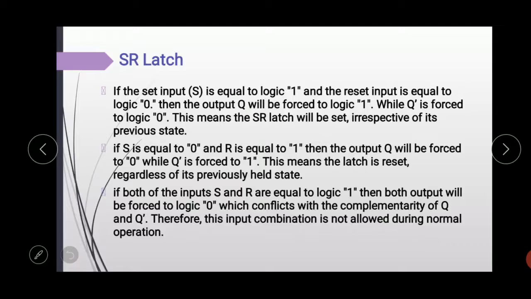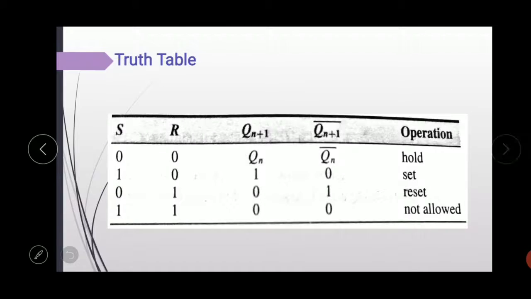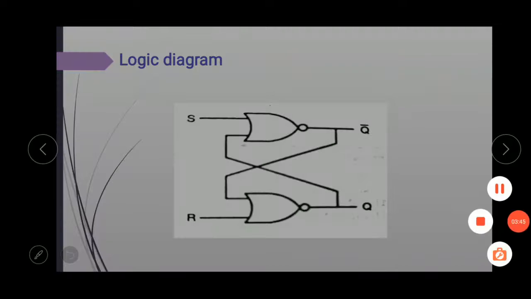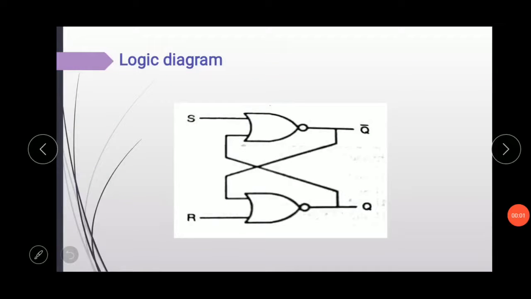Next is the SR latch. Here we discuss the SR latch using NOR gate. Let's go to the diagram. This is the logic diagram. This logic circuit contains two NOR gates and two inputs are given.